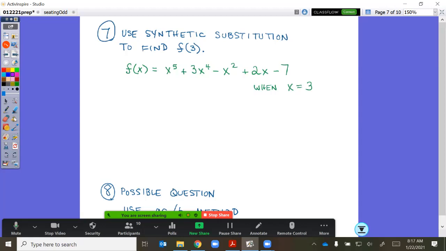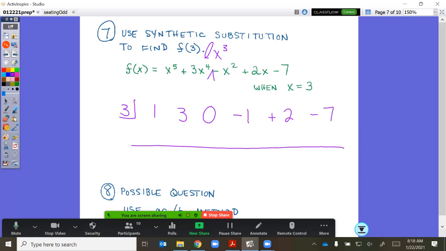Okay, so let's see. I say 3 and 1 and 3 and the thing that I was not seeing, even though I wrote this stupid thing. There's a 0 where the x to the third should be, -1 plus 2 minus 7. I'm using the coefficients.